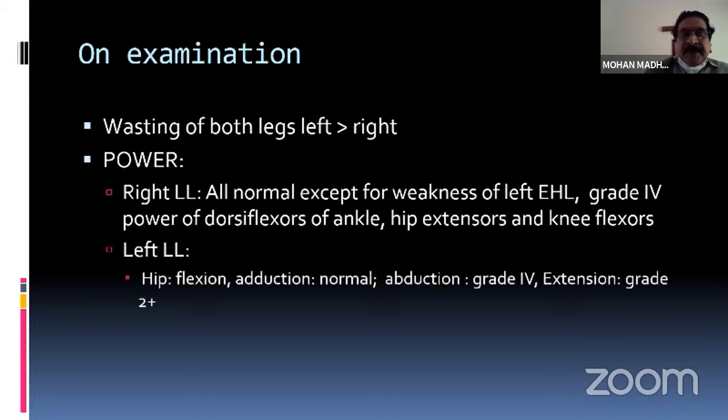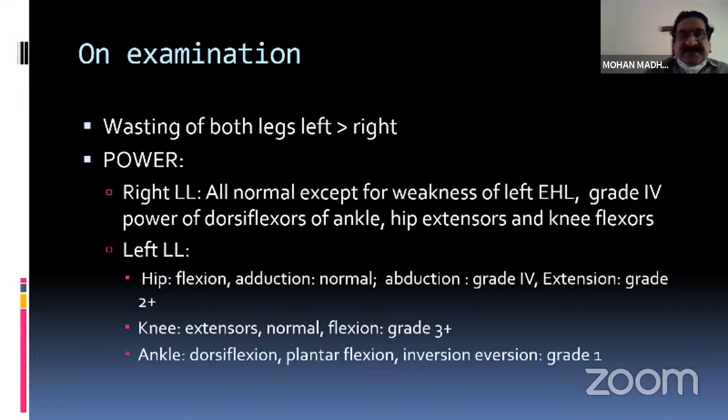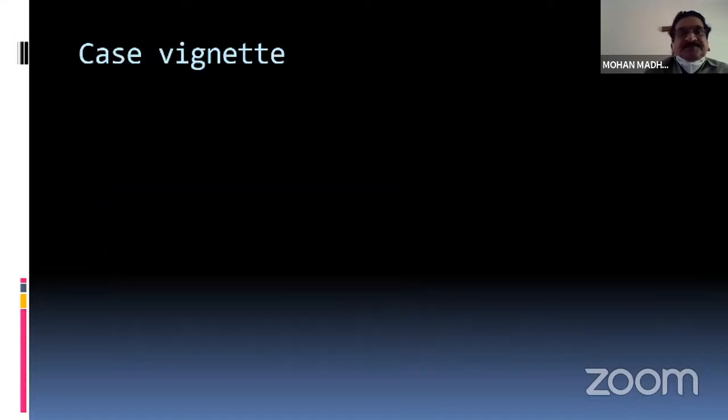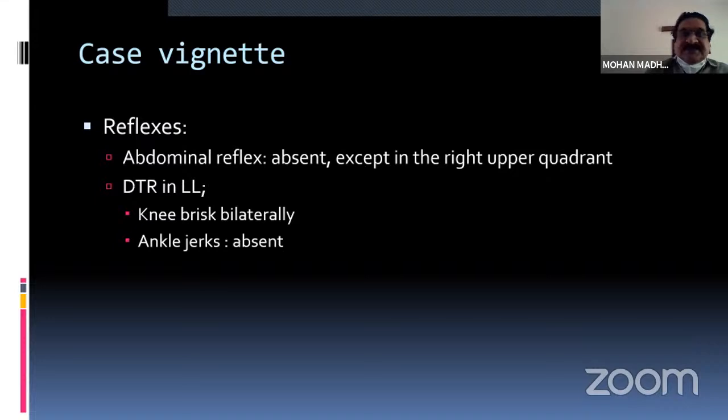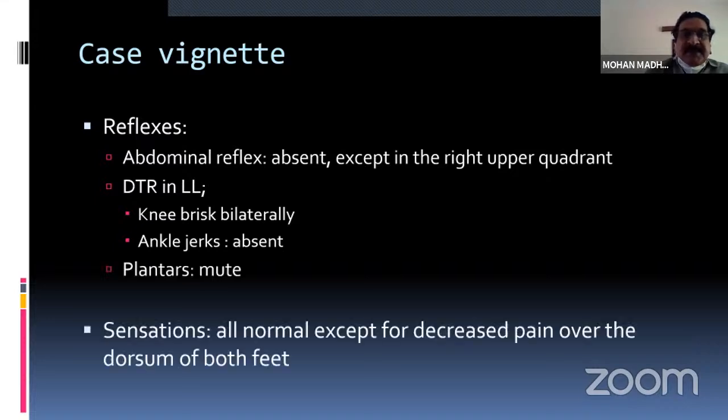Left lower limb: hip flexion and adduction normal, abduction grade 4, extension grade 2 plus, knee extension normal, flexion grade 3 plus, ankle dorsiflexion, plantarflexion and inversion grade 1. Abdominal reflex absent except in the right upper quadrant. DTR: knee jerks brisk, ankle absent, plantar not elicited. Sensory decrease over the dorsum of both feet. Negative.